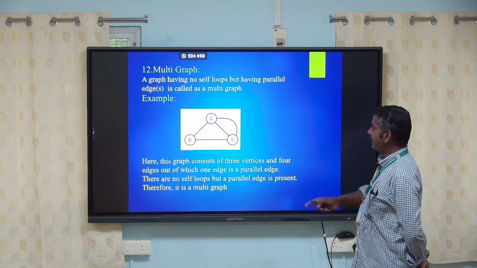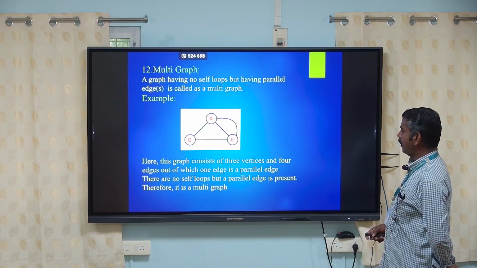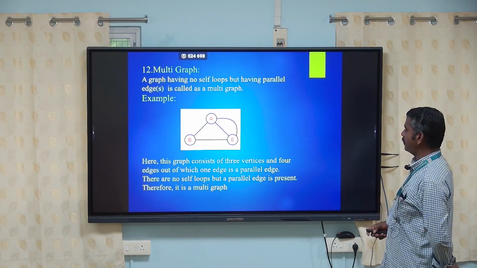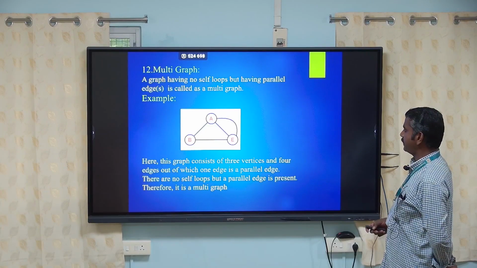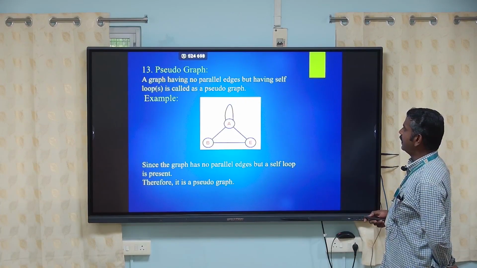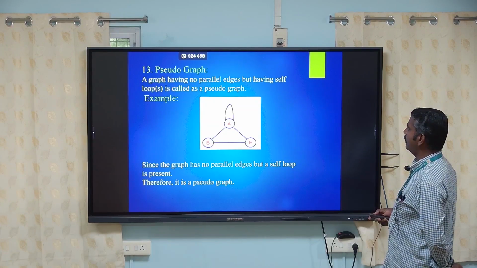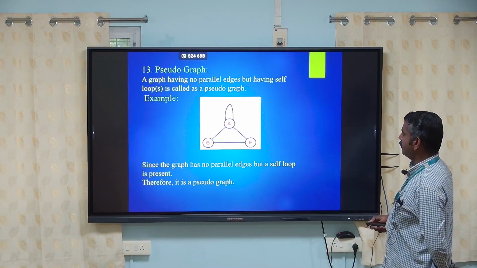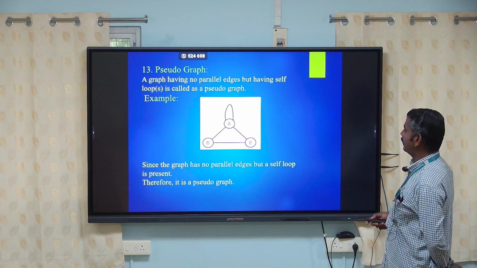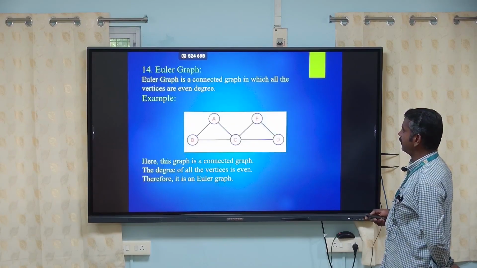For example, here this graph consists of 3 vertices and 4 edges, out of which one edge is a parallel edge. There are no self-loops but parallel edges are present. Therefore, it is a multigraph. Pseudograph. A graph having no parallel edges but having self-loops is called a pseudograph. For example, since the graph has no parallel edges but a self-loop at node A is present, therefore it is a pseudograph.